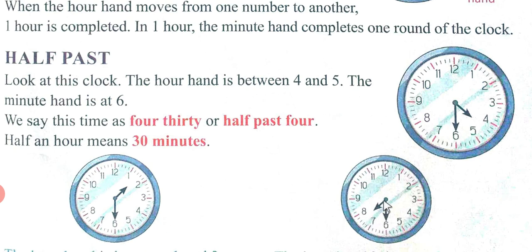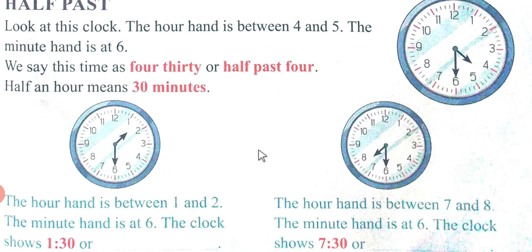Here also, the small needle, that is called the hour hand, is between 7 and 8 and the minute hand is on 6. So we say that the time is 7:30 or half past 7.